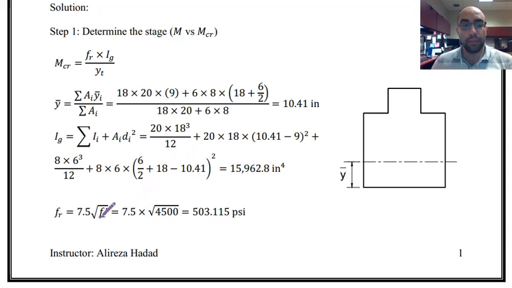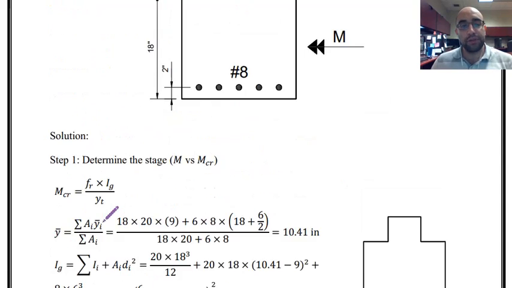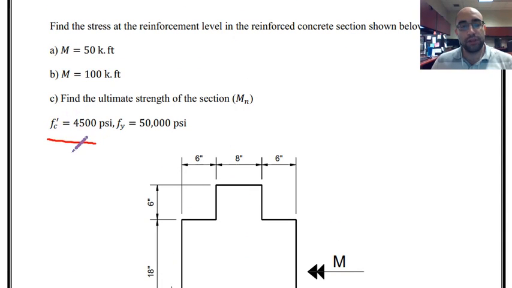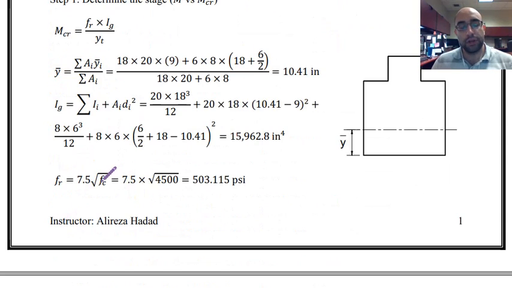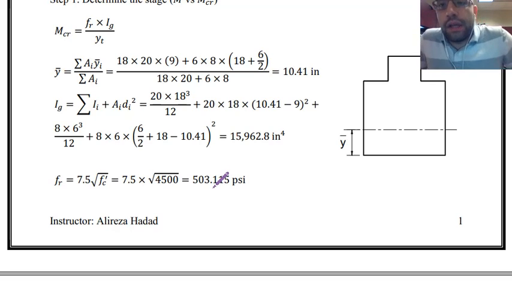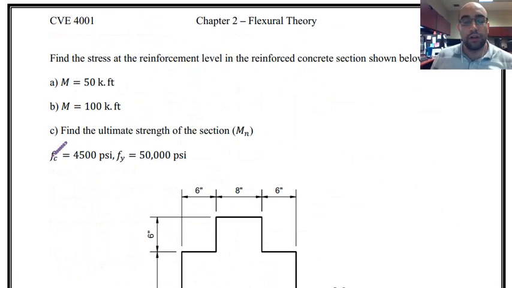So putting f prime c that is given as properties of the material, 4500, putting that in the equation, you can see the fr is 503 or about 500 psi. That is the tensile strength of concrete, specifically this concrete with 4500 psi as the compressive strength.